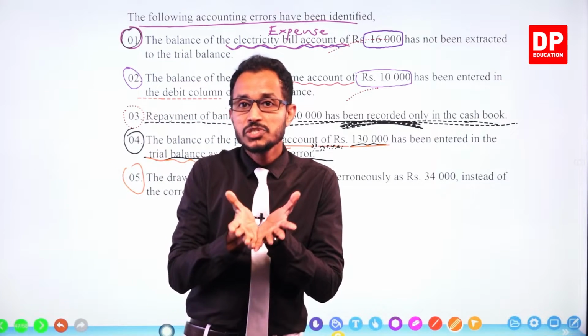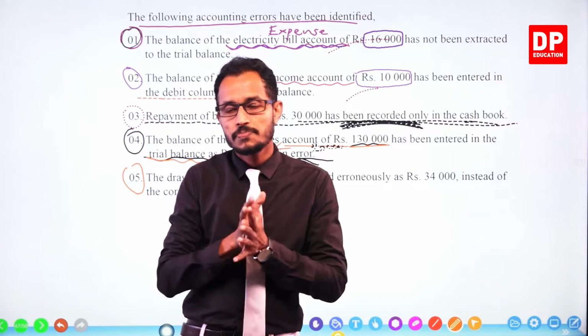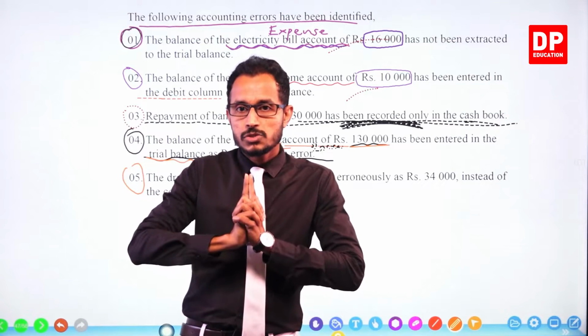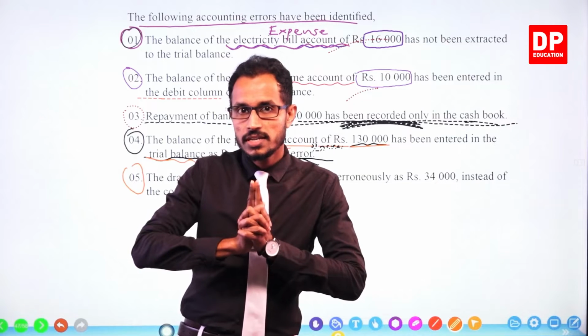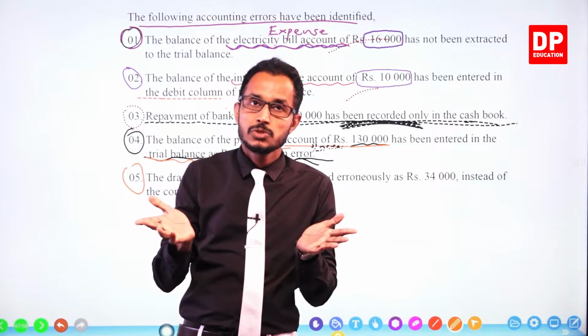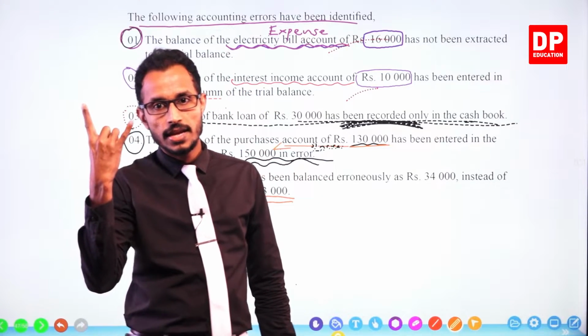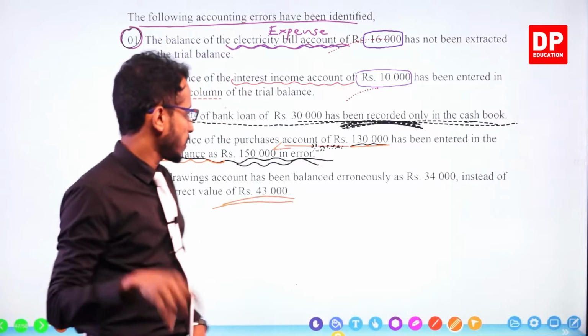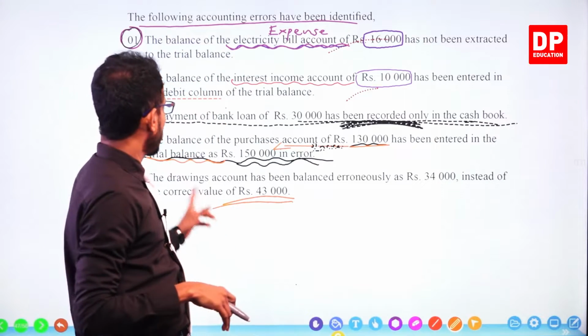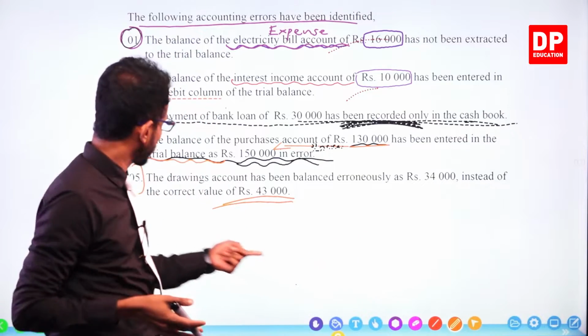Anyhow, the ledger means T, ledger accounts, right? So if an error has occurred in the ledger accounts, you must correct that error with a double entry. Let's see whether this error is affecting the trial balance.